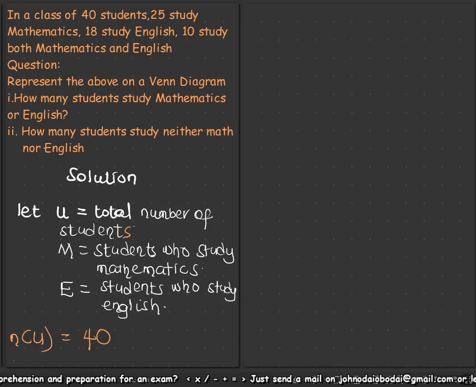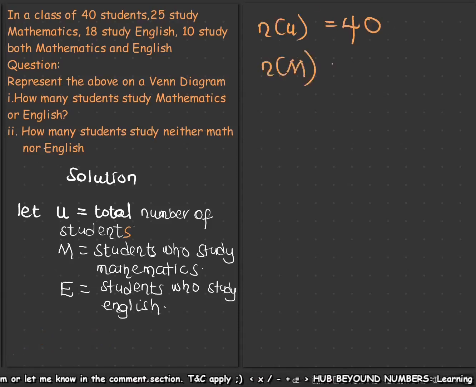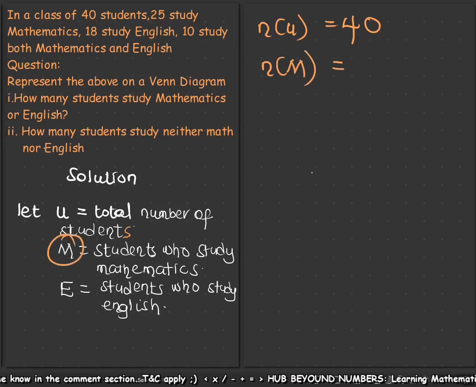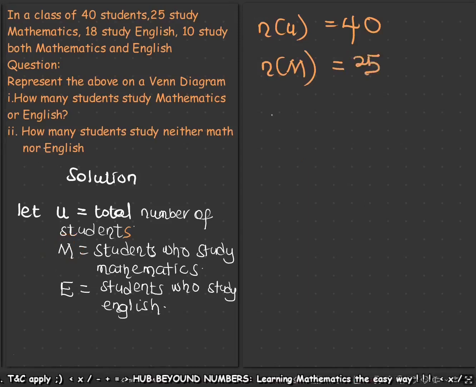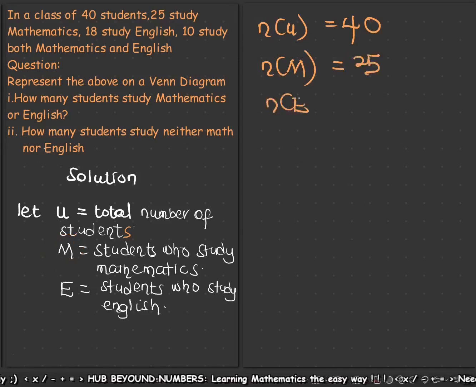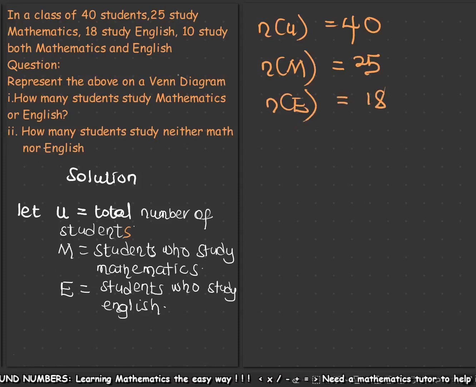And then the number of mathematics students, as we have said, M is for mathematics. So anytime you see your M, you know what it means. So M is 25. And then we come to English. The number who studied English was 18. That is all we have from the question. And then it says 10 study both mathematics and English.